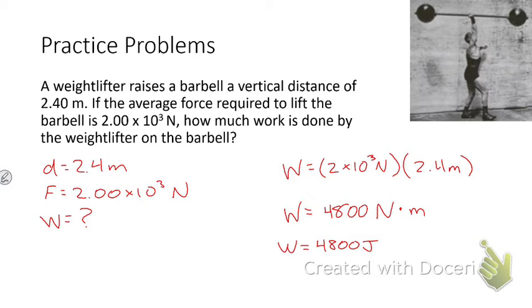Why am I not done here? Sig digs, for sure. We have 3 given in the question, and we have 4 here. So you can either put this into scientific notation, so 1, 2, 3, 4.80 times 10 to the 3 joules.